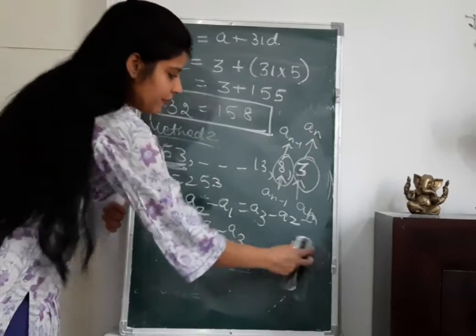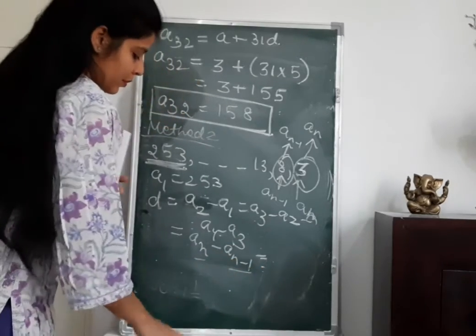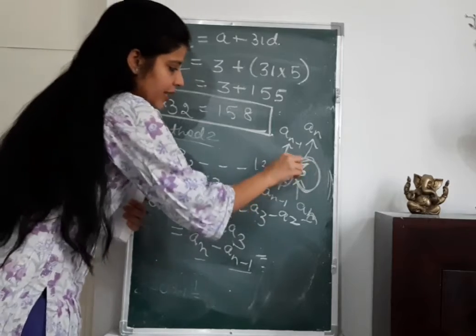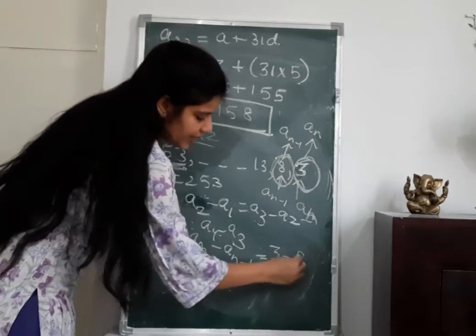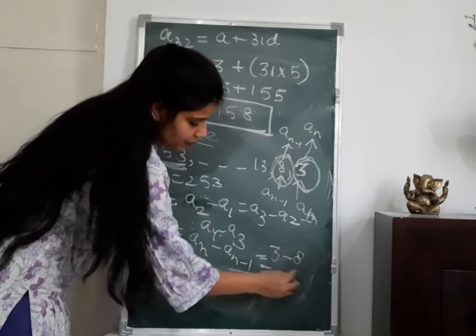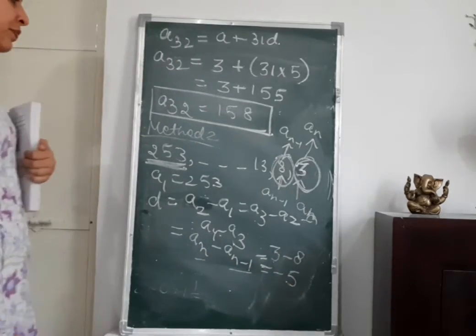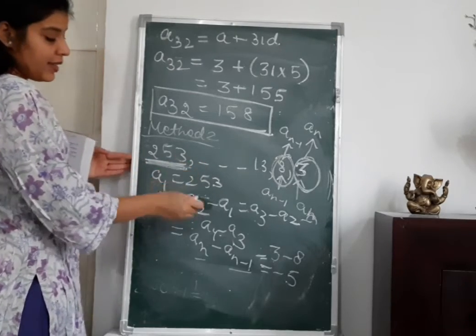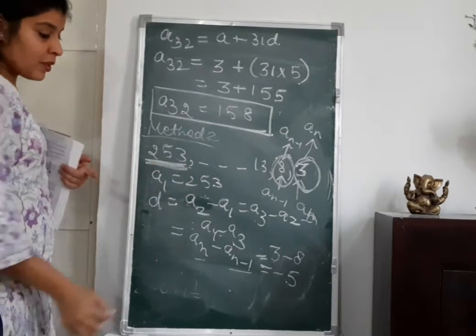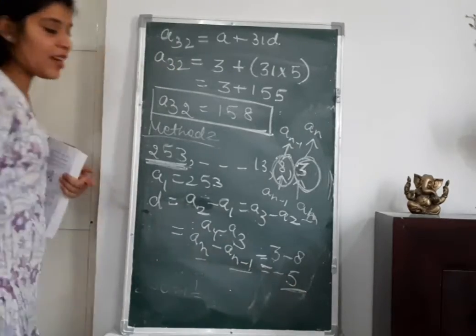So AN is 3, A(N minus 1) is 8. So D will be 3 minus 8. That is going to be equal to what? Minus 5. So for this, the first term is 253 and the common difference is minus 5.